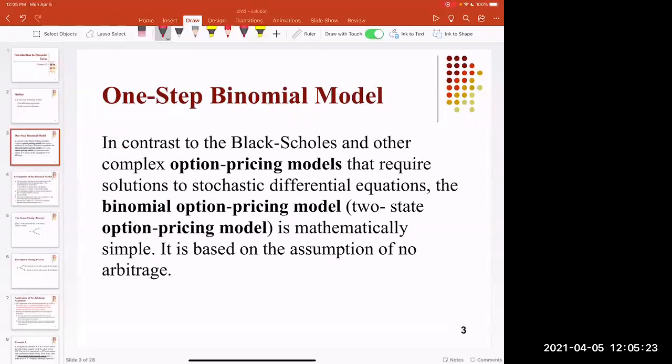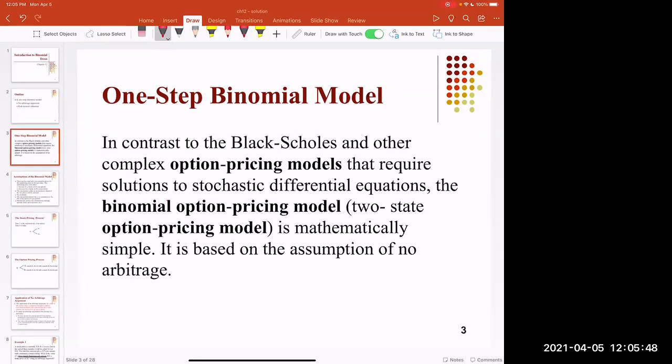First, the 1 step binomial model. In contrast to Black-Scholes and other complex option pricing models that require solutions to stochastic differential equations, the binomial option pricing model, which is a 2-state option pricing model, is mathematically simple.